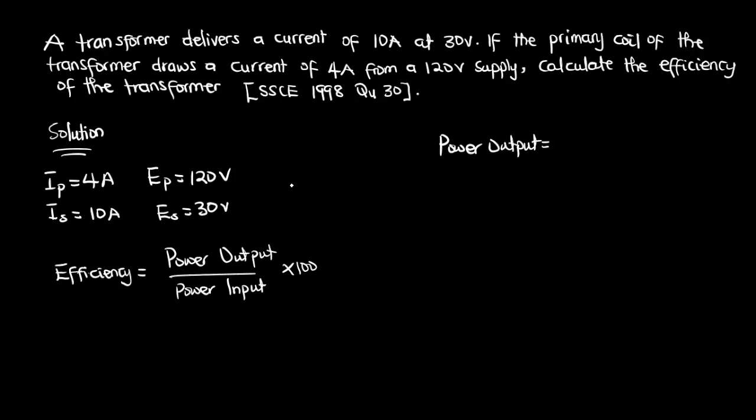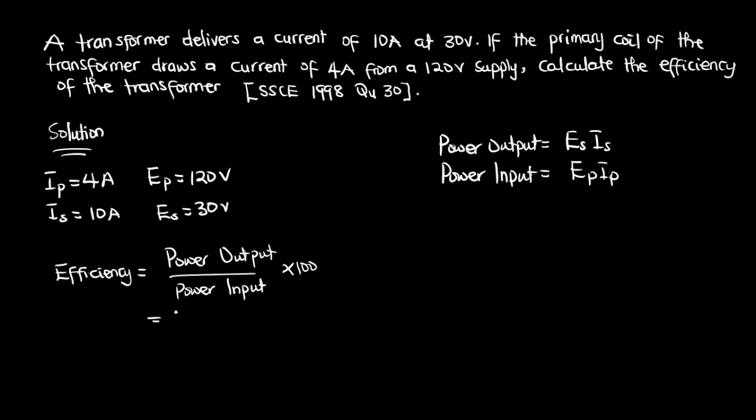Now power output is equal to the product of the voltage in the secondary coil multiplied by the current in the secondary coil. So basically it is ES multiplied by IS, right? The voltage in the secondary coil multiplied by the current in the secondary coil, that's the power output, and then the power input is equal to the voltage in the primary multiplied by the current in the primary.